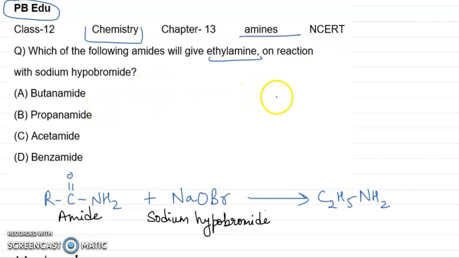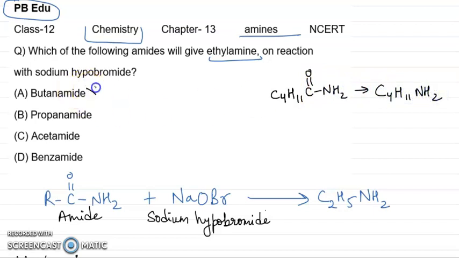In butanamide, the alkyl group is C4H11, CONH2, and the product would be C4H11NH2, which is not the required product. It is not ethylamine, therefore this option is incorrect.